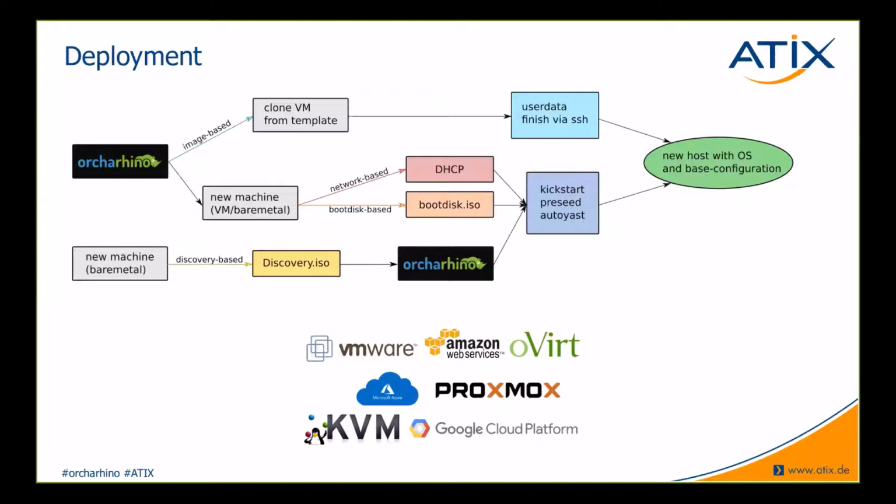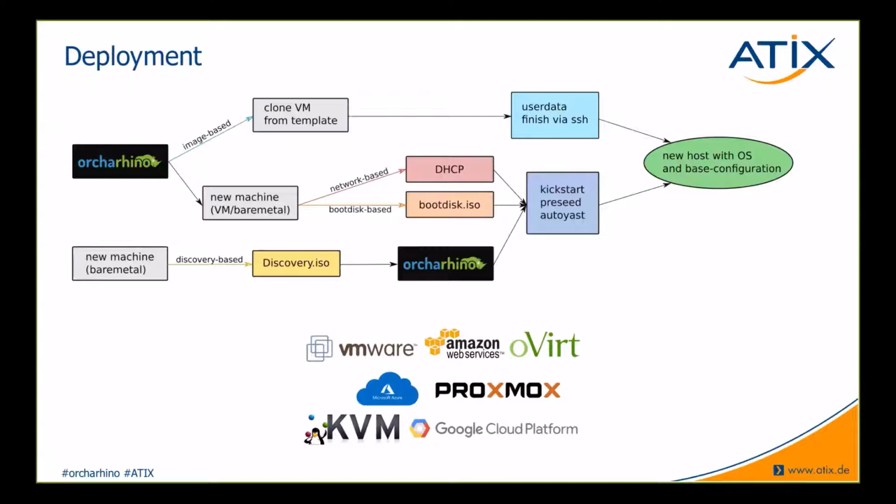In case you don't have a DHCP server, you can use a boot disk to implement your network configuration in your newly created virtual machine or on your bare metal server, and then continue the same way with a kickstart deployment, and it's fully automatic.